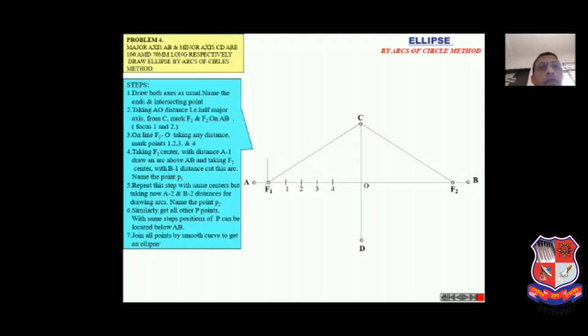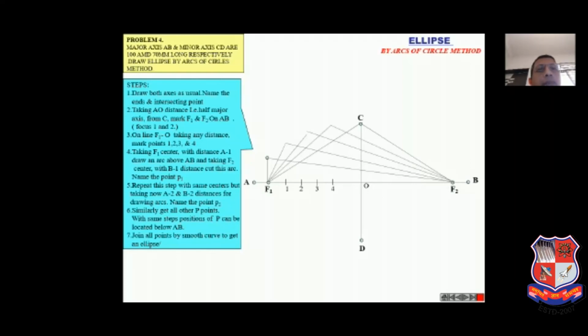Taking F1 as center with distance A1, draw an arc above AB, and taking F2 as center with B1 distance, cut this arc and name the point P1. Repeat this step with the same centers but taking now A2 and B2 distances for drawing arcs. Name the point P2. Similarly, get all other P points.